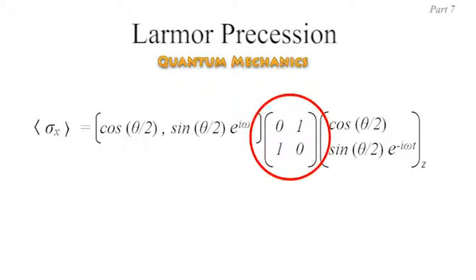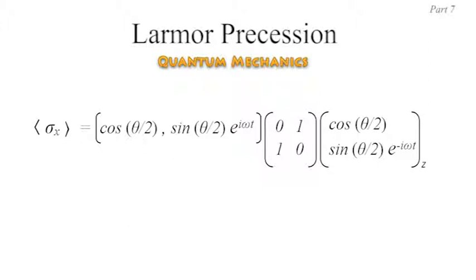The middle 2 by 2 matrix, of course, is the spin operator for the x direction, the sigma x. So, once this whole expression is evaluated, it will give us what we're asking for, the expectation value of the spin in the x direction, and it will tell us how the average value of sigma x changes with time. We should actually see the Larmor precession in the mathematics.